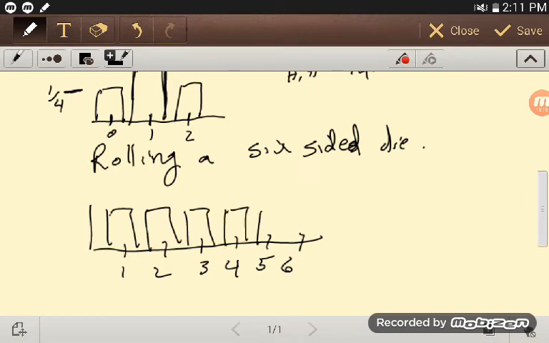And again, you see, I don't really care, that is a height of 1/6 in some ways.